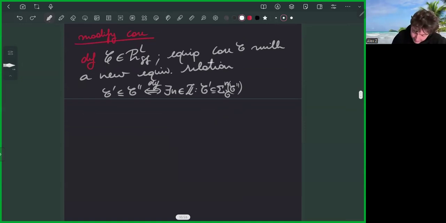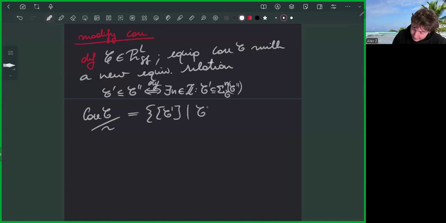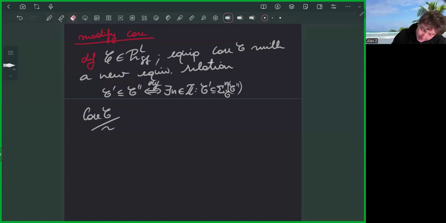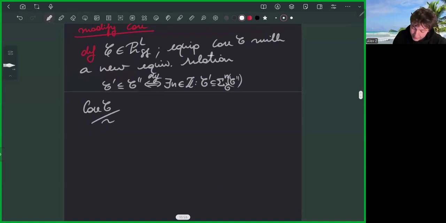So now what we will do is we can define core and then quotient it out by this equivalence relation. So this is just the collection of equivalence classes of core C under this equivalence relation up here.